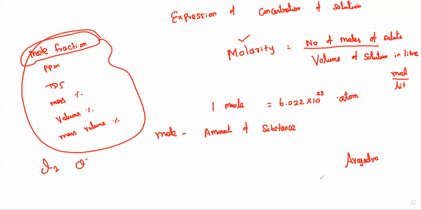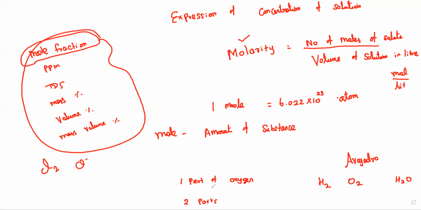Because, for example, if I say hydrogen and oxygen are reacting together to form H2O, we know that for one part of oxygen, we need 2 times of hydrogen.